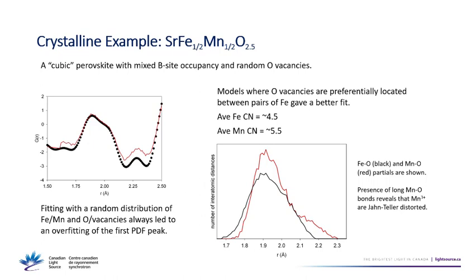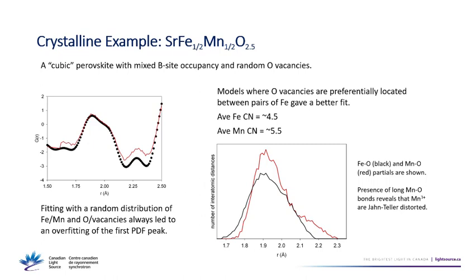Even when I fit it with RMC, with just random distributions of iron and manganese and oxygen vacancies, I got a bad fit. I had too much intensity here, and that was because the oxygen distribution is not random. It depends on the atoms it's between.